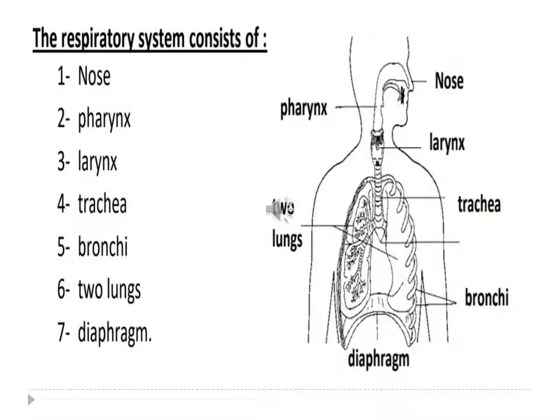The respiratory system consists of the first organ, the nose, then pharynx, larynx, trachea, bronchi, two lungs, and diaphragm. Now you can repeat after me.